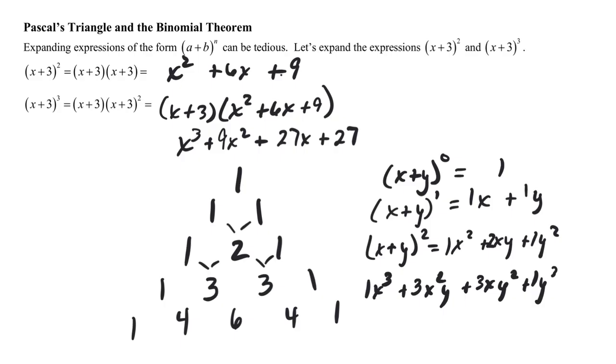They always add up to 3. They have to add up to whatever the degree is you're raising the binomial to. Your first term starts with the biggest exponent and works its way down to 0, because in that last one there's x to the 0 power. We just don't put it there because it's a 1. And then your second term starts with none, and works its way up to, in this case, 3.